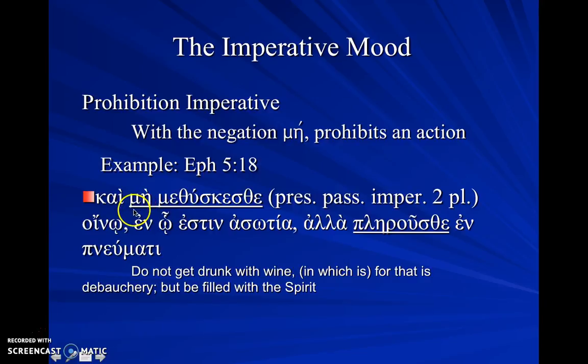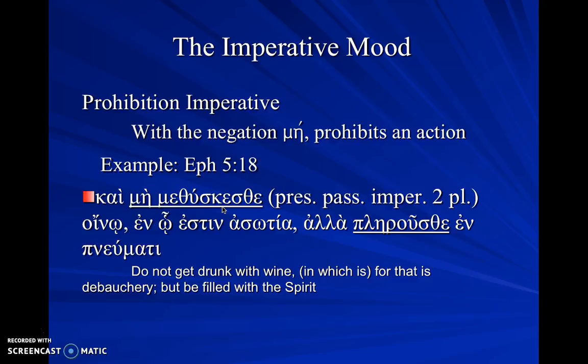Here we have an example from Ephesians 5:18. Methuskesthe is a present passive imperative, second person plural, and here we have the "me" before it, the negation. So, do not, present passive. Remember, it's kind of hard to translate into English when it's passive.